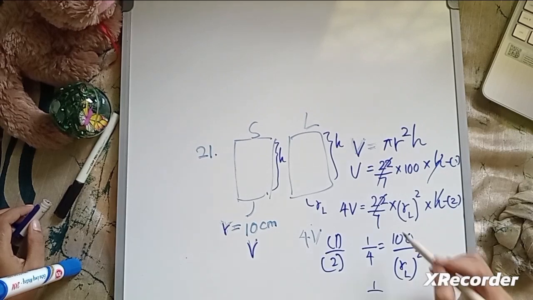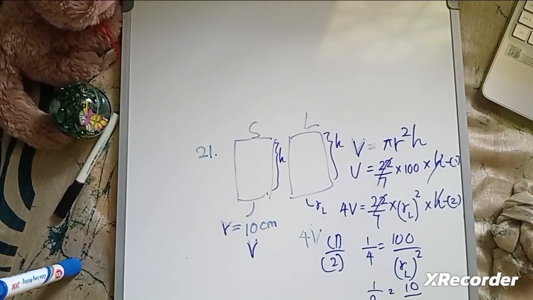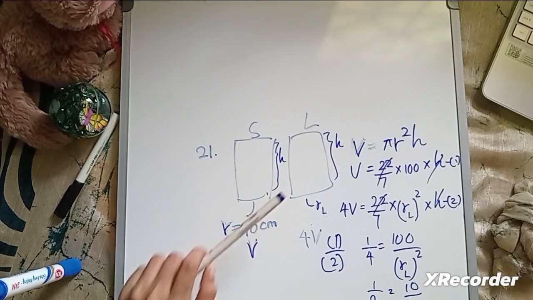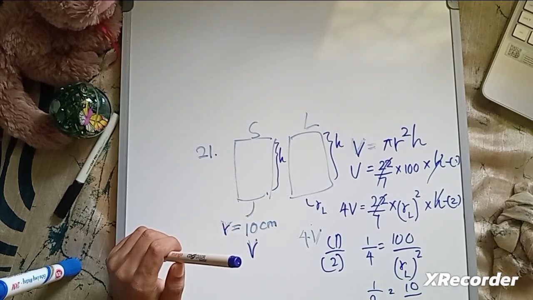So we take the square root of all of these terms: 2 equals RL over 10, RL equals 20 centimeters. So the radius of the larger cylinder is 20 centimeters.